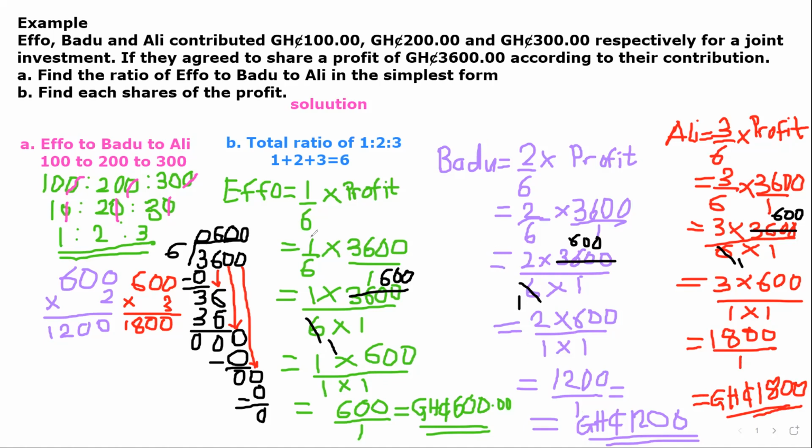So when you finish and you add all the profits, they are shared, and you didn't get a total profit, then there must be something wrong somewhere. So let's add the profits here. We have 1,800 here plus 1,200 plus 600.